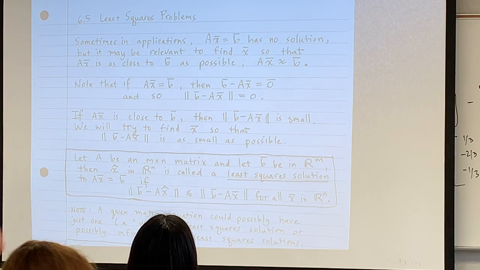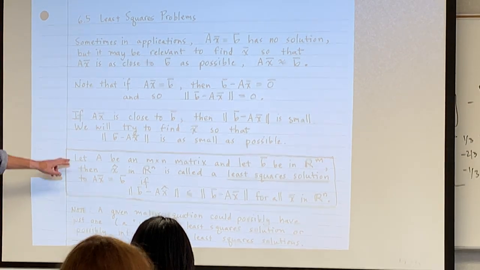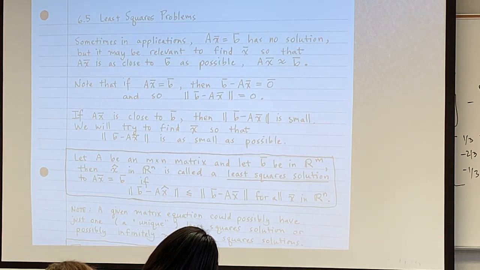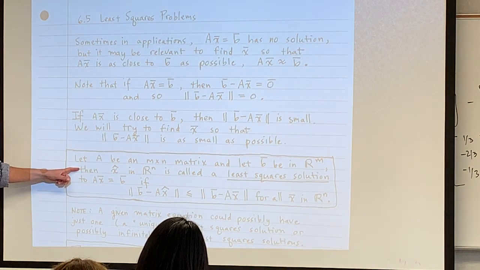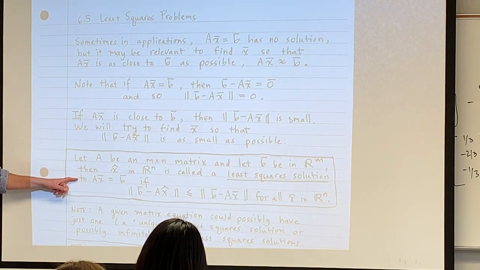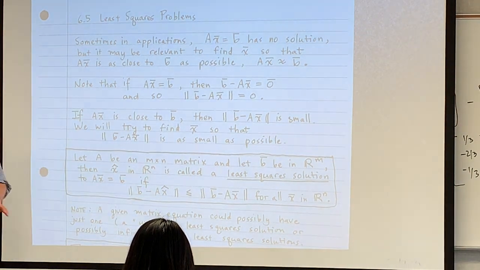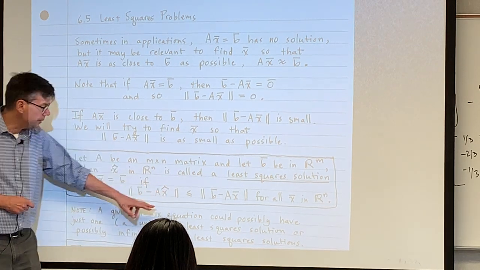And let's just read. We got 1 minute, so let's just read this statement. If A is an m by n matrix, B is in Rm, x is in Rn, then x hat in Rn is called a least squares solution to AX equals B if the following is true. It's kind of like that inequality we just looked at, but we do have less than or equal to here.